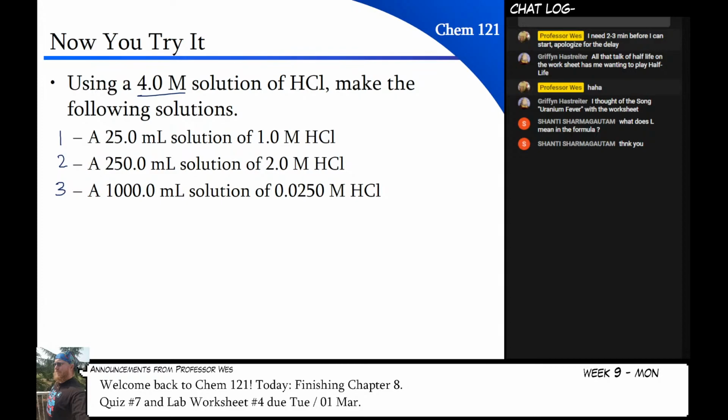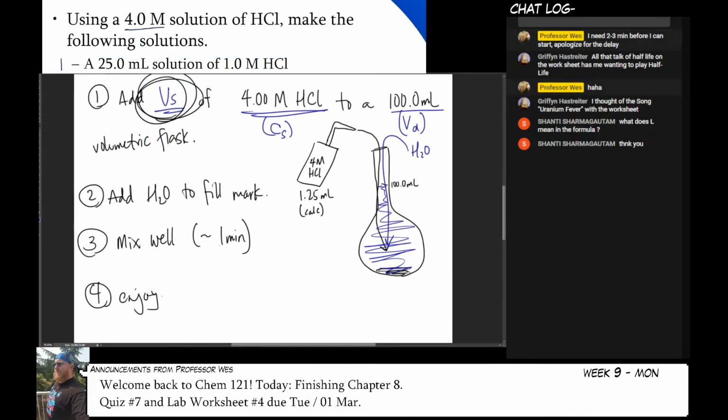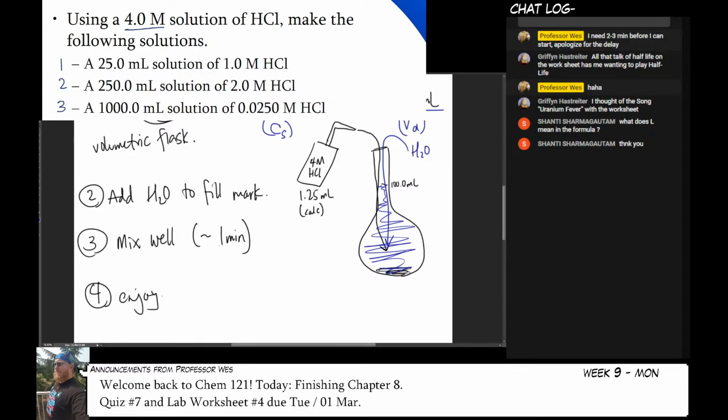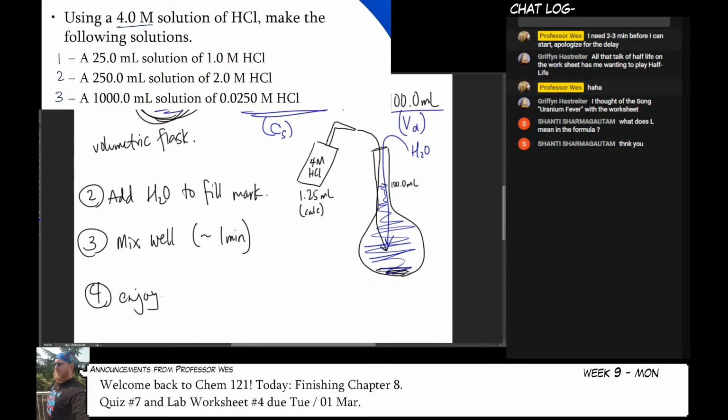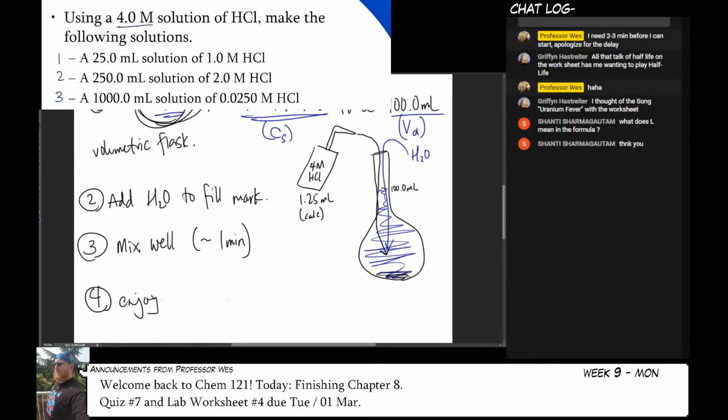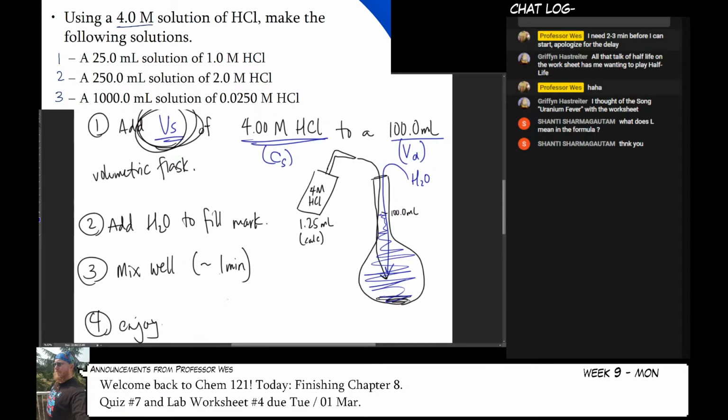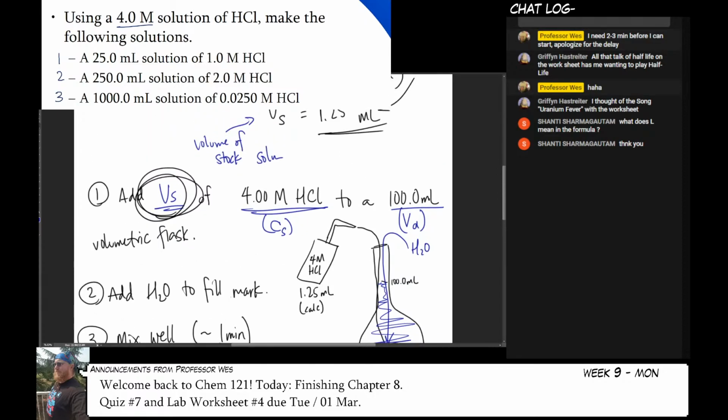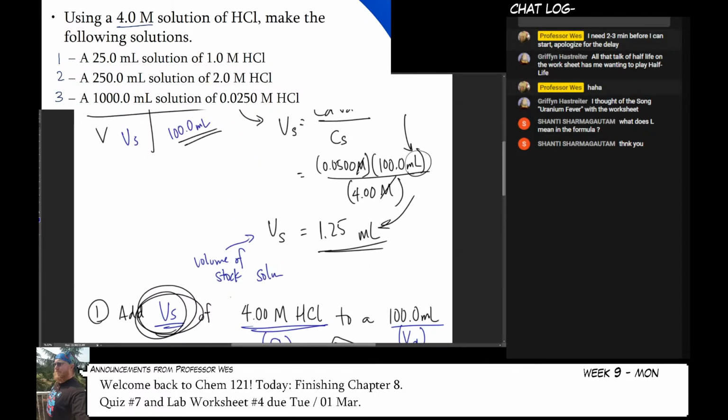All right. Let's go over the solutions here. All right. So our diagram that we have here on the screen, this is a universal blueprint for making solutions. So we can use this to prepare any solution that we want to. So all of our procedures are going to be written out the same way.